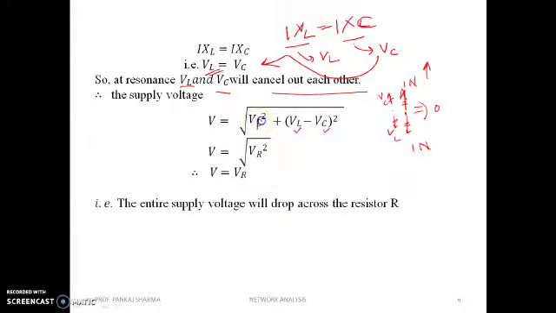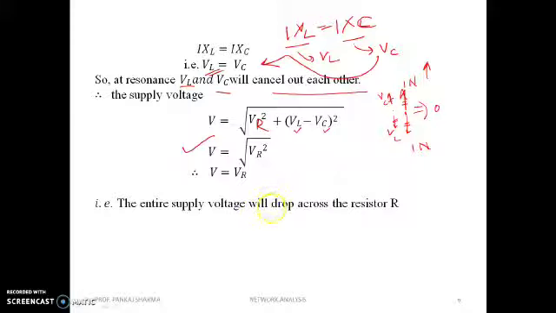This is your VR. So the entire supply voltage will drop across the resistance R. The circuit will behave as if it is a pure resistive circuit. Let me repeat this once again.